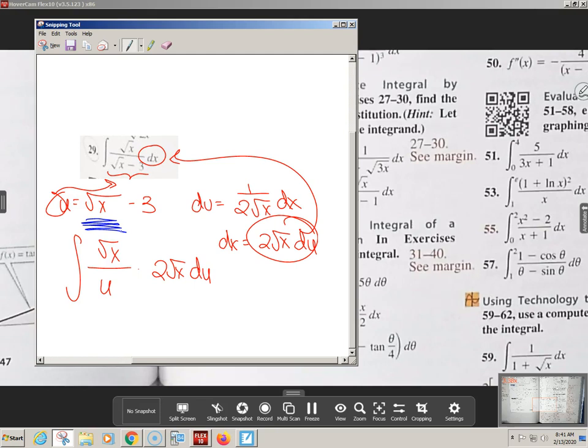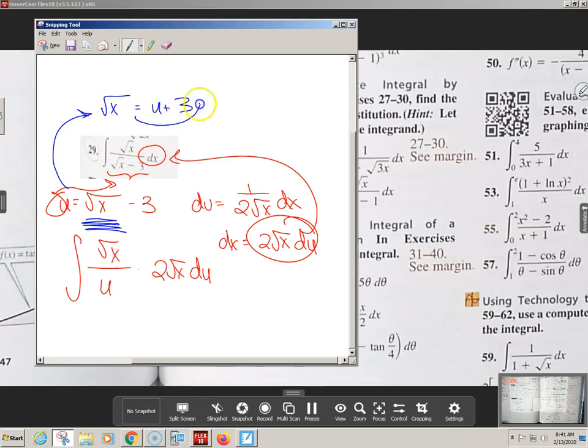I'm stuck. I'm partway there, but I have extra. This is the crazy integration on crack, integration on steroids. We want to go forward. The integration is not what's crazy. It's actually the substitution. We plugged in u, we plugged in dx with du. We have extra. Go back and do more. Do more. Get this by itself.